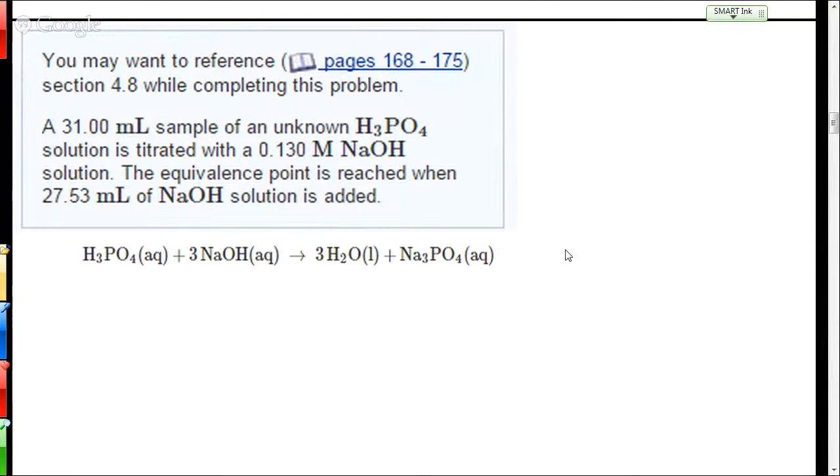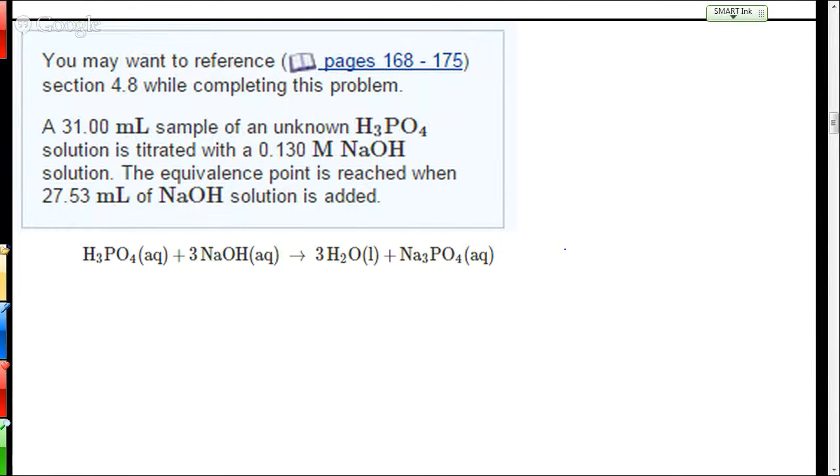So at the equivalence point, let's say you started with 1 mole of phosphoric acid. At the equivalence point, you'd have exactly 3 moles of sodium hydroxide. So they'd be exactly at the right ratio. So when a question is asking you about the titration, all it's saying is that you have this stoichiometric mixture at the equivalence point.